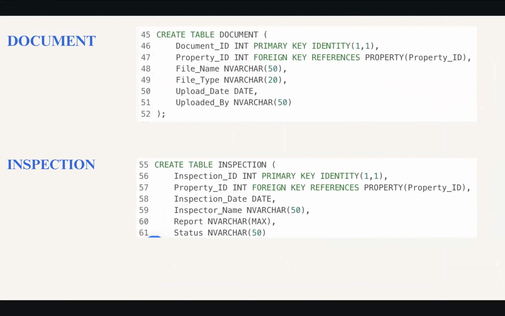And lastly, document to track the critical paperwork, and inspection to ensure compliance and regular property checks. Together, these interconnected tables ensure comprehensive management and efficient data tracking for real estate operations. Now I'll ask Nikhil to explain the table level checks.